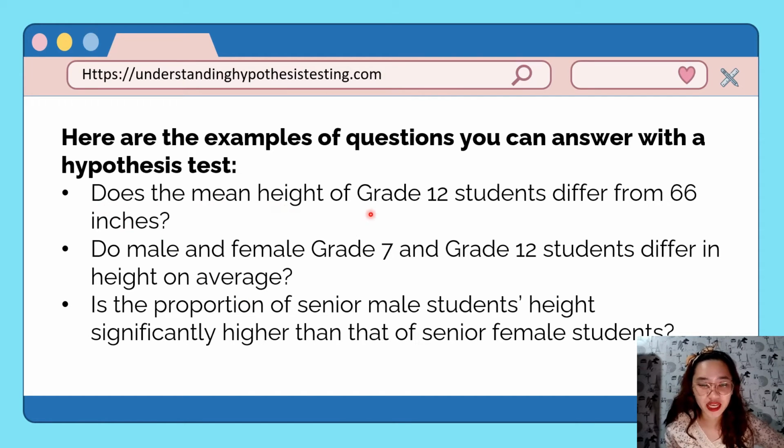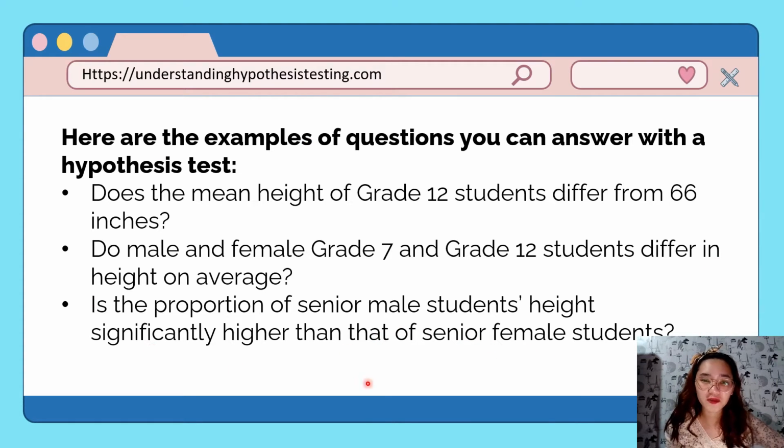Una, does the mean height of grade 12 students differ from 66 inches? Do male and female grade 7 and grade 12 students differ in height on average? And is the proportion of senior male students' height significantly higher than that of senior female students? Ayan.